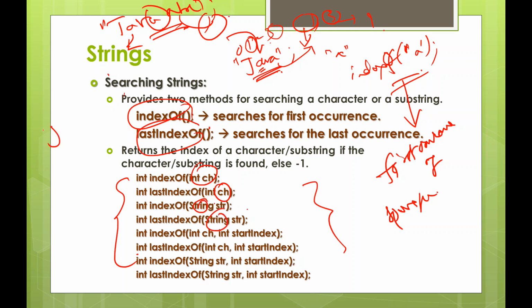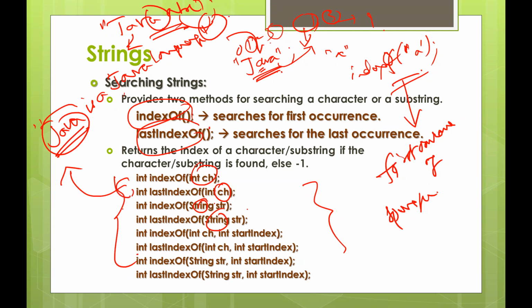Say, for example, if you have Java, here's a Java language. If you want to search for the Java string, indexOf will give the first index of this particular string. If you want the last index of Java, it will give the index of this particular string.